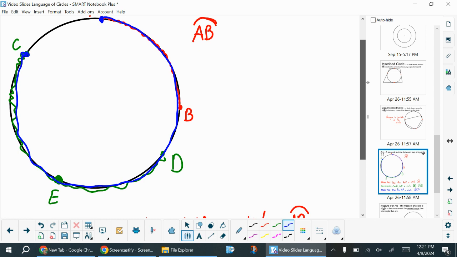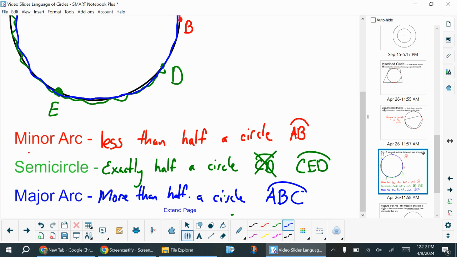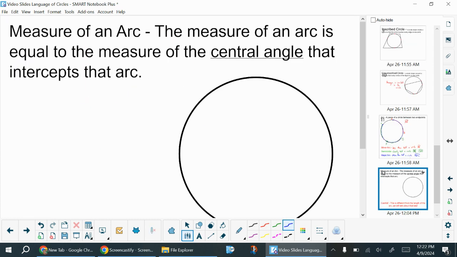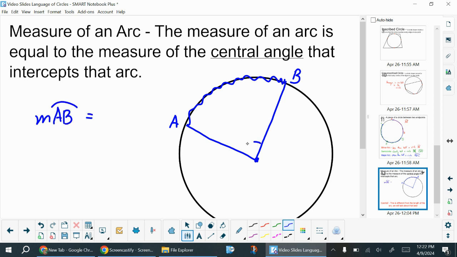And then the last thing that we want to talk about here is measurements for arcs. So the measure of an arc is equal to the measure of the central angle that intercepts that arc. So if I were to pick my center, if I say this arc right here, call it AB, the measure of arc AB is just measured by whatever this angle is.